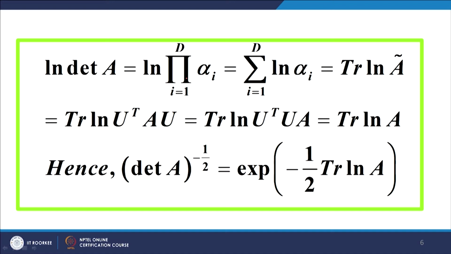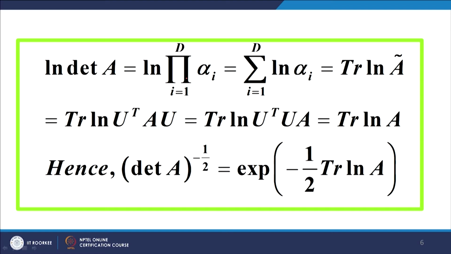Therefore, when I want to sum over all the log alpha i's, I can as well use the trace of the log of the matrix A tilde. In other words, what I get is log of determinant A is equal to trace log of A tilde.